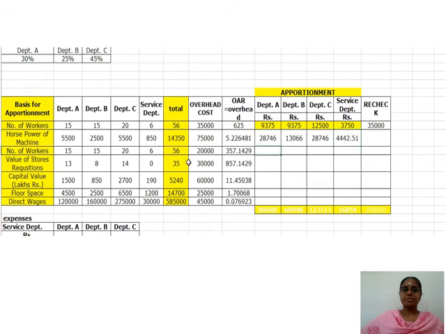Here 15 into overhead absorption rate, 357. Similarly for the other departments. Next is value for store requisition, 13 into overhead absorption rate. Here is 857 and you can fill in similarly for the others.